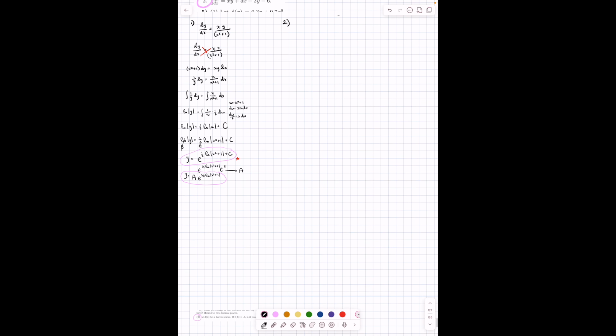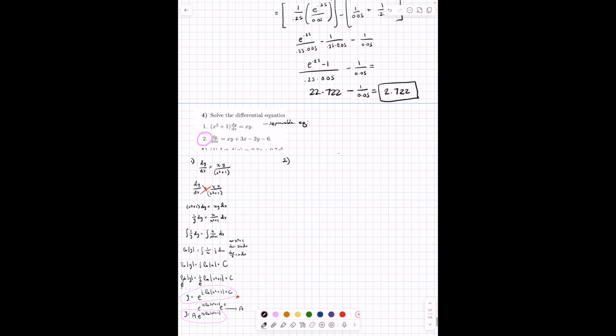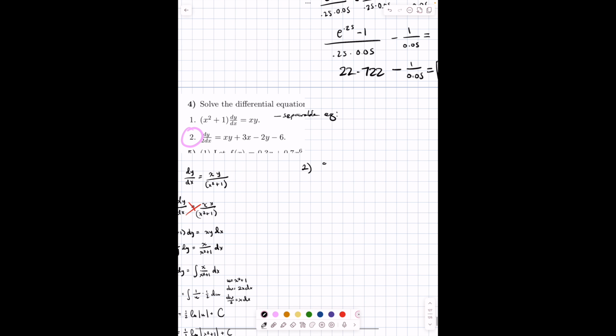Continuing the second problem. I just had to double check that this was correct. But the problem is dy over 2 dx is equal to xy plus 3x minus 2y minus 6.